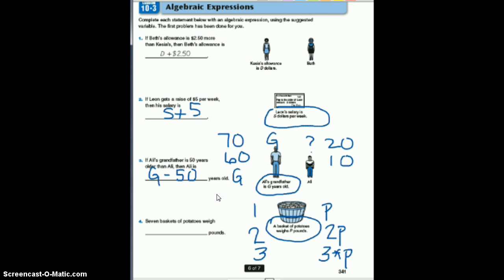So if I have 7 baskets and each one weighs P pounds, I would have 7 times P. Hopefully we're getting the idea that the most efficient way to show that algebraically is 7P.